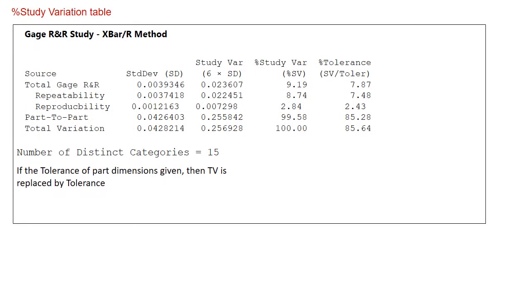Next, we will look into the percentage study variation table. Here you can see that the total gauge R&R is 9%, repeatability is 8.74%, reproducibility is 2.84%. Now, if the tolerance of the part dimensions is given, then total variation is replaced by tolerance. If the tolerance is given, you can check this table. Here also the total gauge R&R is 7.87%, repeatability is 7.48%, and reproducibility is 2.43%.